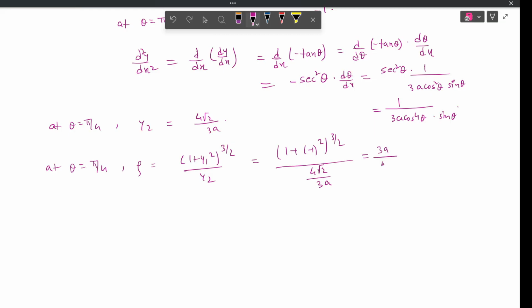So this would be 3a by 4 root 2 into 2 to the power 3 by 2. This would be root 2 cube, so it would be 2 root 2. Root 2 will cancel out. We will get 3a by 2. This is the radius of curvature.